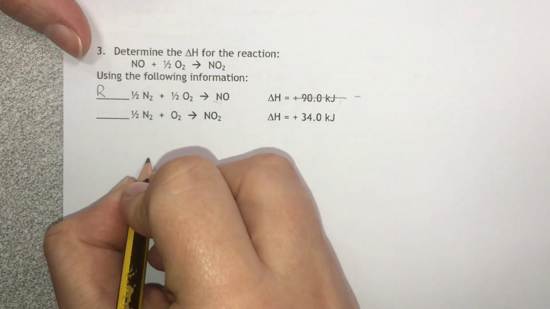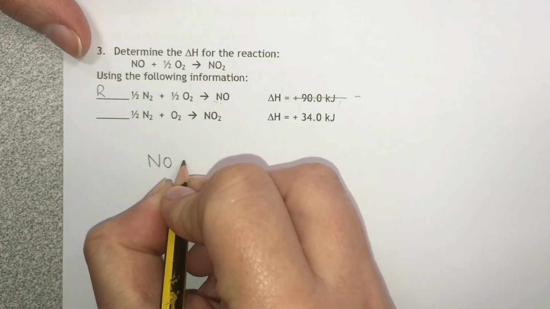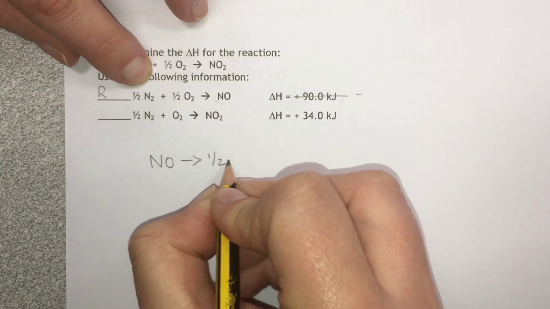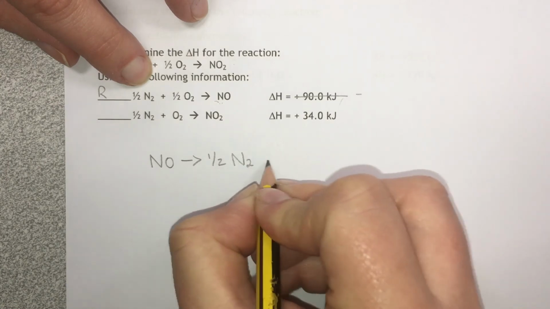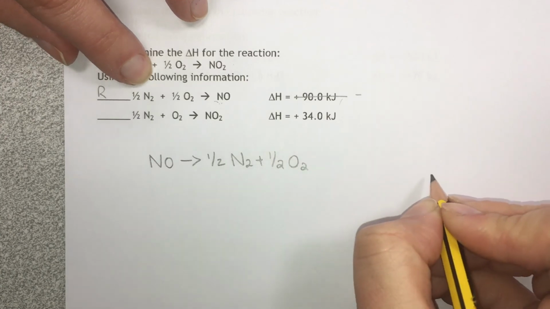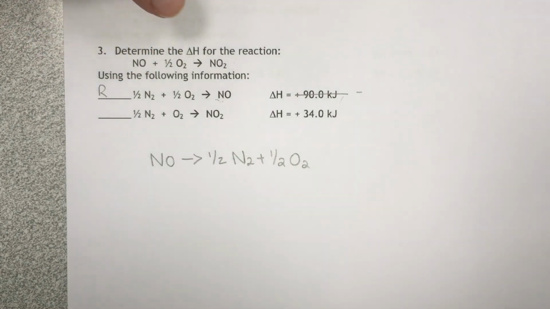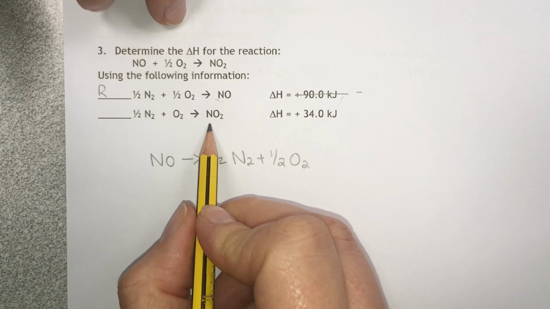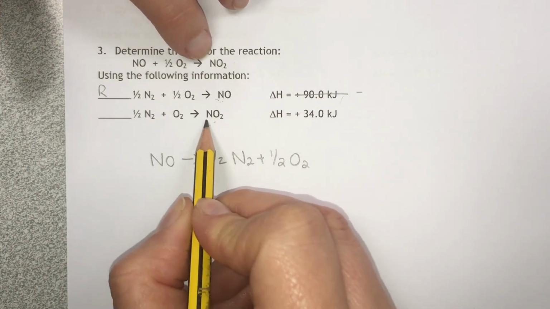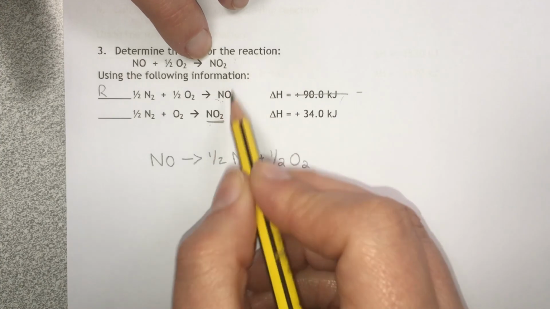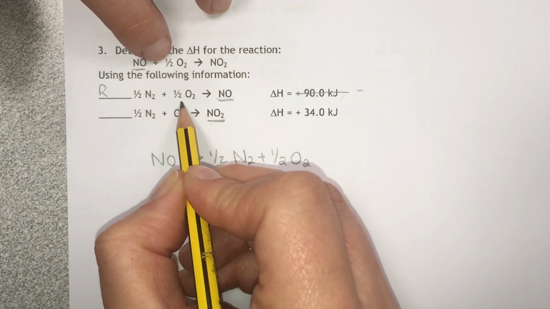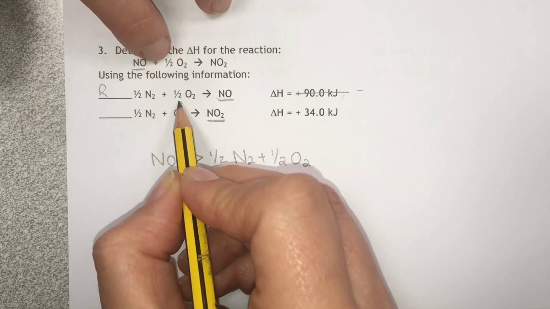So we're going to have NO yield 1/2 N2 plus 1/2 O2. All right, so we're going to look at NO2. I like to look at the similarities between each one. So here I found this one. I tend to stay away from fractions.